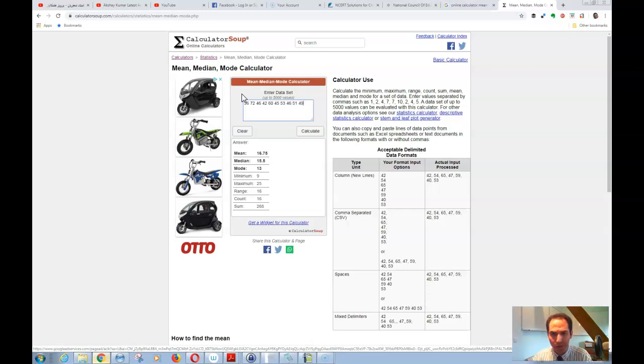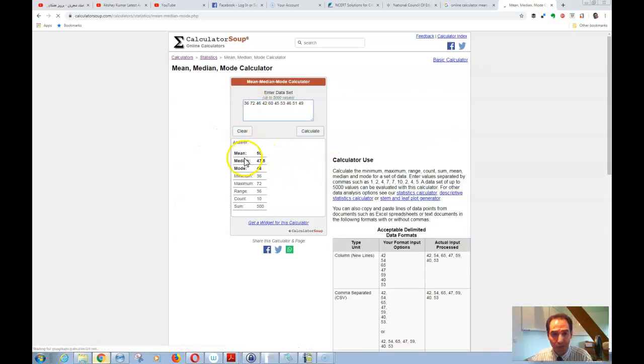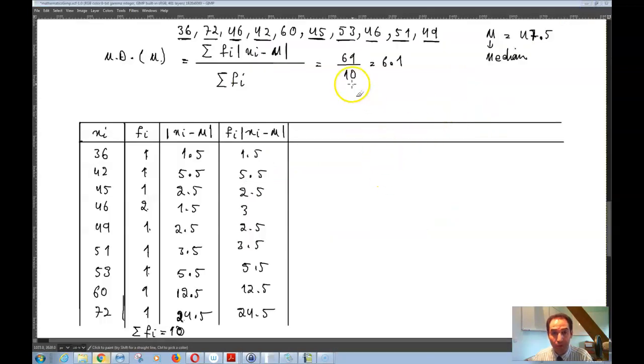And if you calculate here, it will give you the median as 47.5. 47.5, which is correct, right?